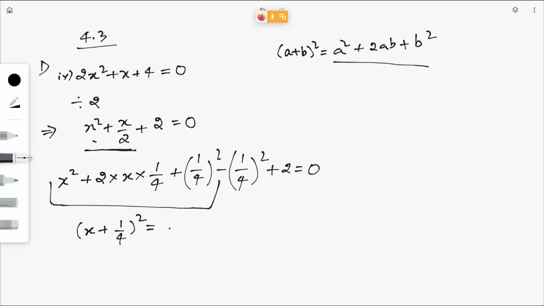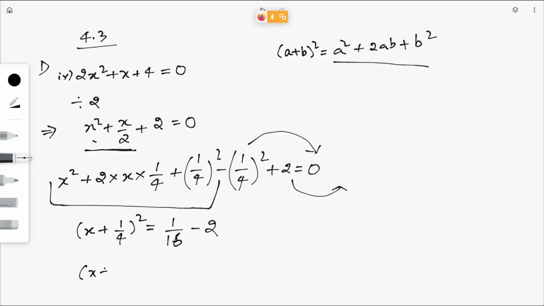So what will you get? Plus 1/16 minus 2, or minus 2 plus 1/16. You need to take this to the RHS and this one to the RHS. Minus will become plus and plus will become minus.